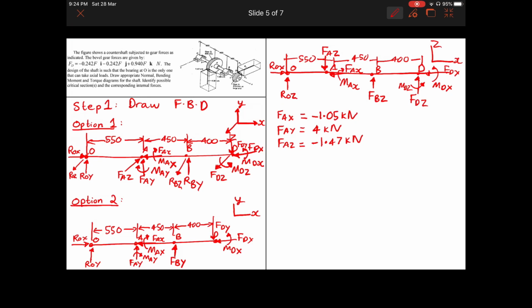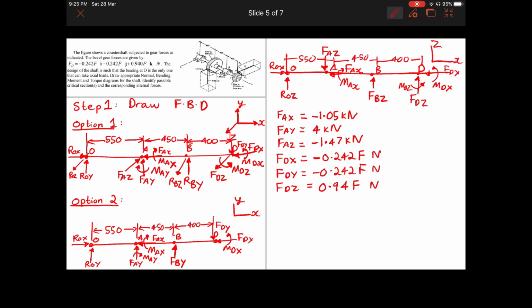So these are known. Also at location F, FDX is equal to, we can mention it as minus 0.242 F, because this is for the x-axis. F DY would be minus 0.242 F as well, and FDZ is equal to 0.94 F. These are all in newtons.